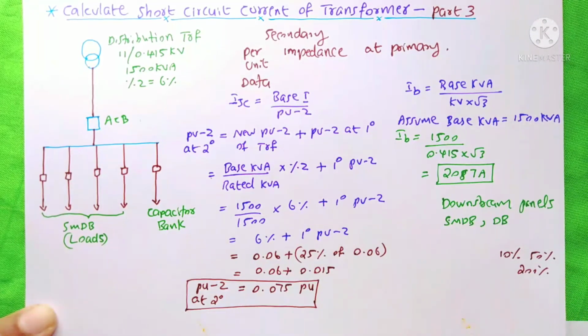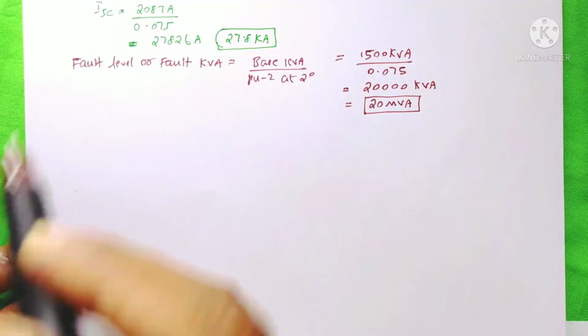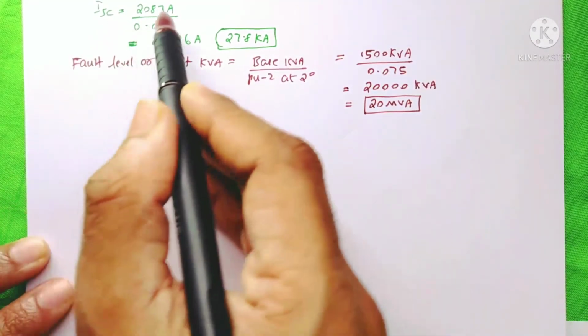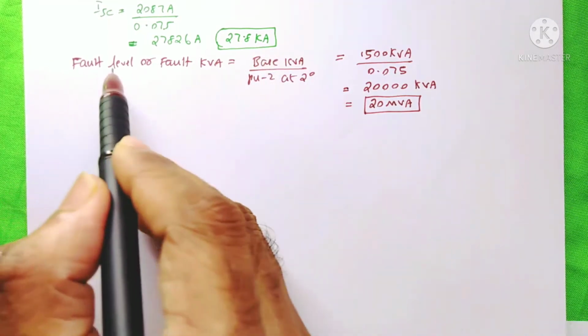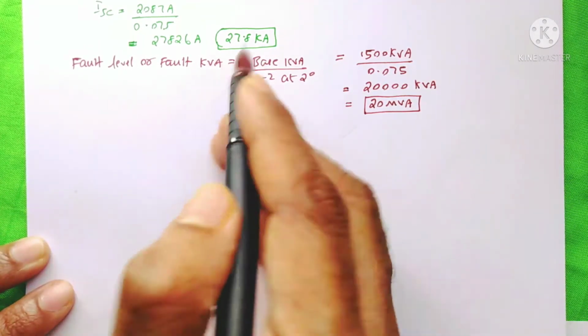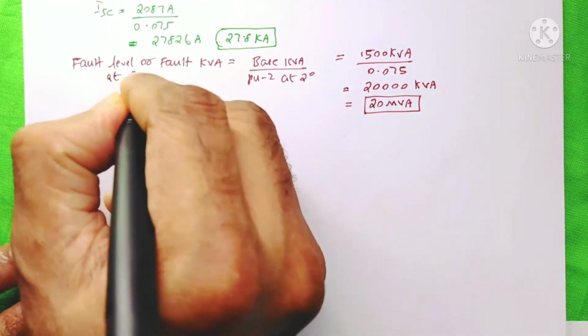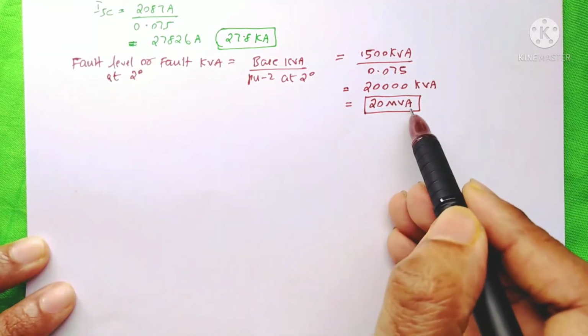There is a reason behind that, which I will explain later. So the total per unit impedance at the secondary is 0.075. So our short circuit current is 27.8 kiloamps. And also the fault level or fault kVA at the secondary of the transformer is 20 MVA.